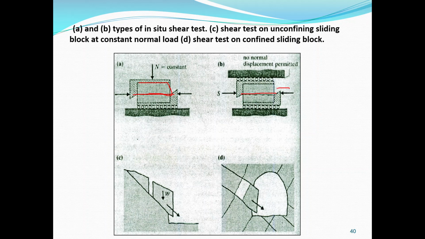So we have to look at the shear strength of this rock. So we try to look at this shear test in unconfined sliding. Yes, this is for unconfined sliding, and this one is for confined sliding. So you can simulate this condition, whether unconfined or confined sliding.